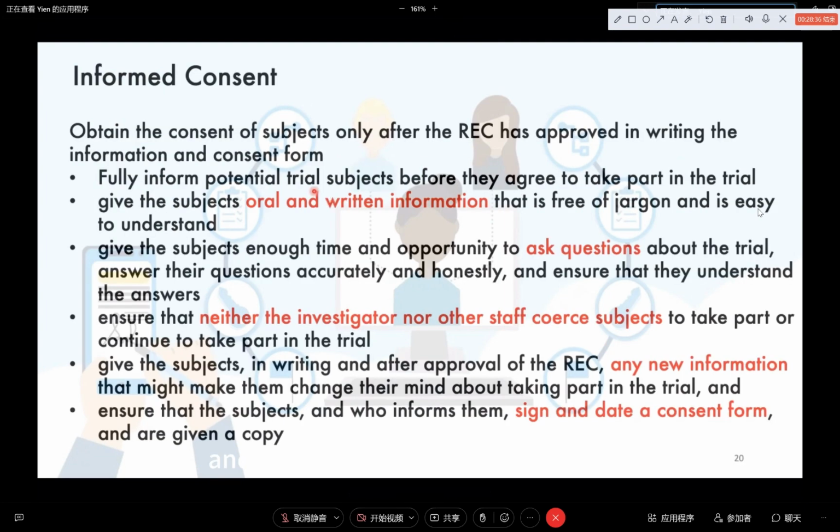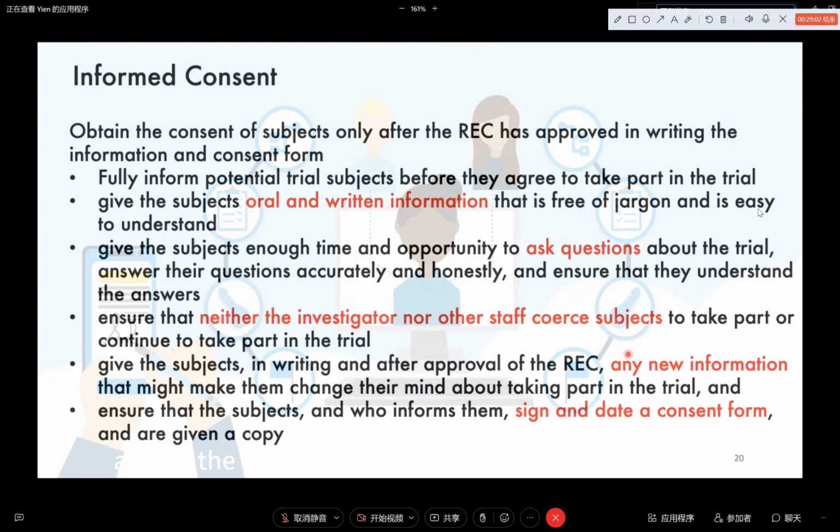And lastly is the informed consent. Informed consent for clinical trial phase 1 requires oral and written information which are free of jargon, and they have to give the subjects the opportunity to ask questions about the trial. The subjects cannot be forced by the investigator or the staff to join or continue to join this trial.